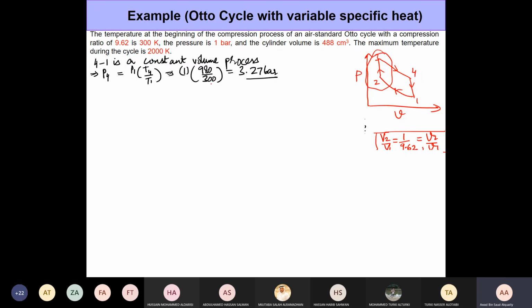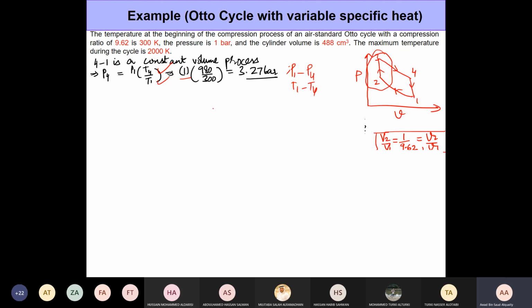Once you do the processes 1 to 2 and 2 to 3, you're going to make use of the same methods to determine 3 to 4 and 4 to 1. So we have T4, we have T1, we have P1. Just plug those numbers in and you get P4. So with this, we have determined the pressures and temperatures at all states, P1 to P4, T1 to T4.